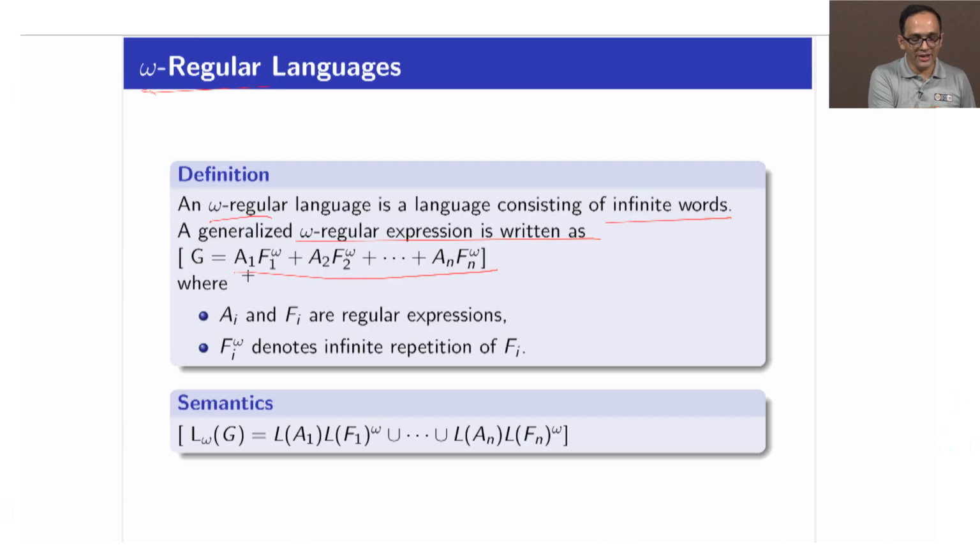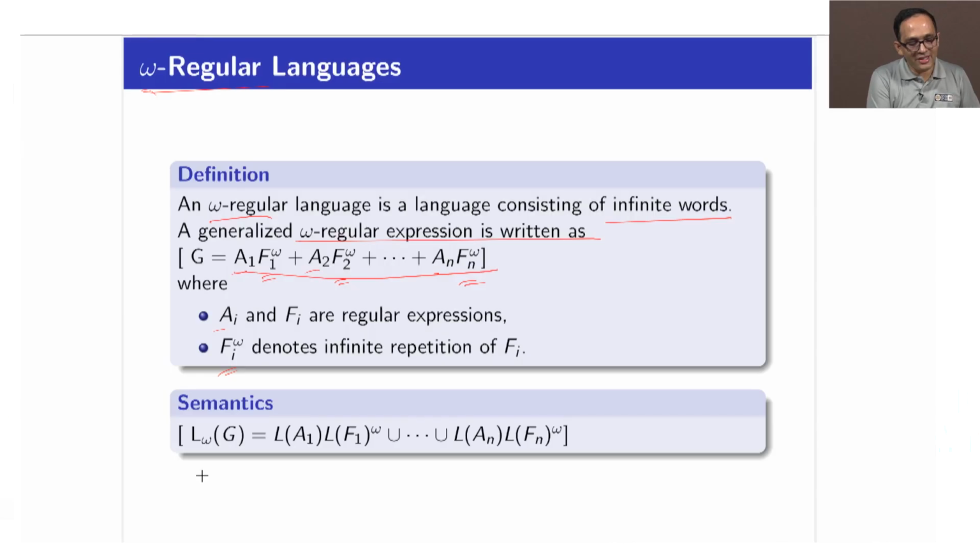Here all these Ais and Fis are regular expressions, and the only thing is that F1, F2, Fn are infinite occurrences, right. So, this is a generic way of writing the omega regular language, which consists of a set of regular languages and their combinations, where some regular language occurs infinitely many times, okay.